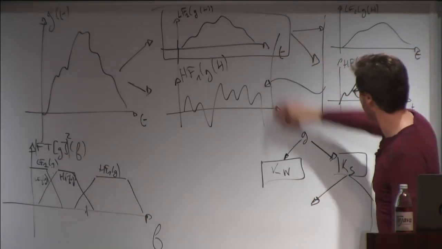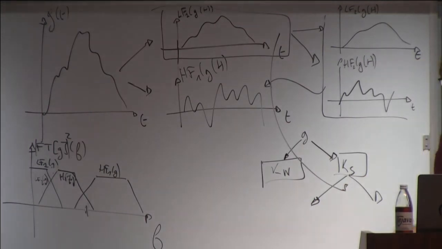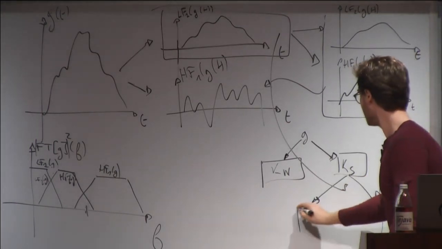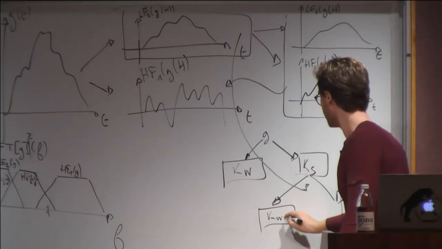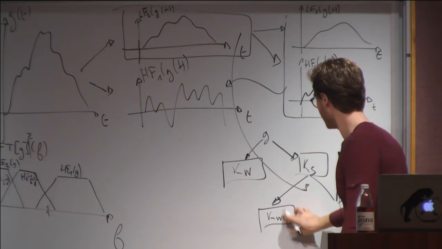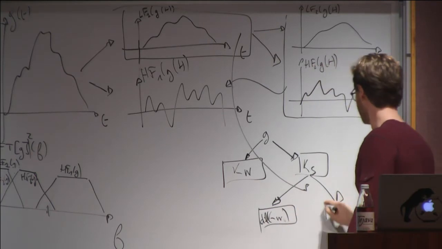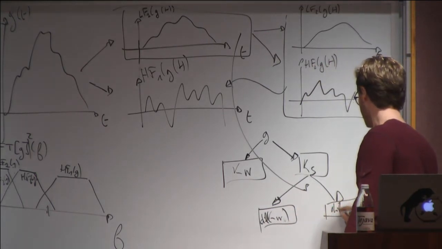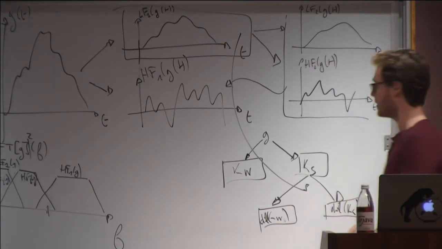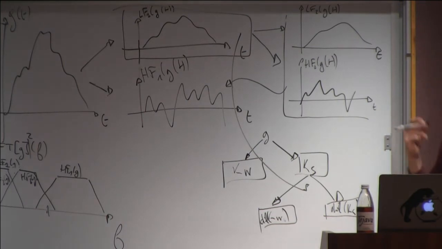So this is this function here that I obtain as a result of this convolution. And then I keep applying these filters, but with a certain dilation factor. So you can think of it as just a dilated version of kappa of omega and kappa of W and kappa of S.